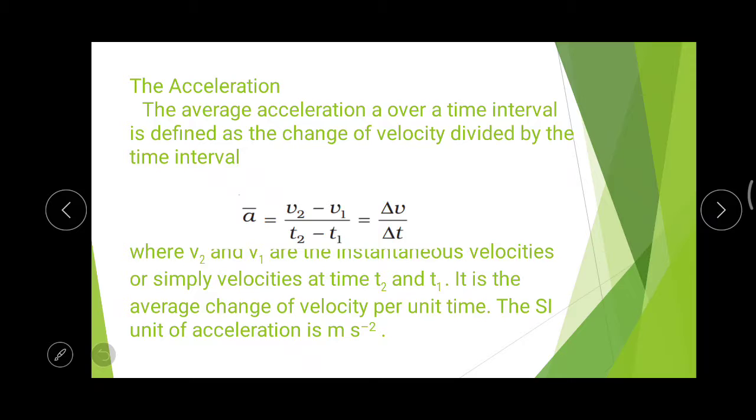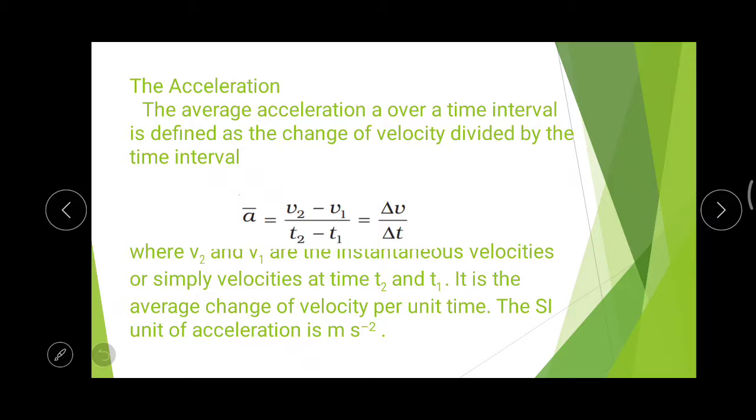That is known as the average velocity. And if you are considering only a particular instant and measure the velocity for that time, it is known as the instantaneous velocity.